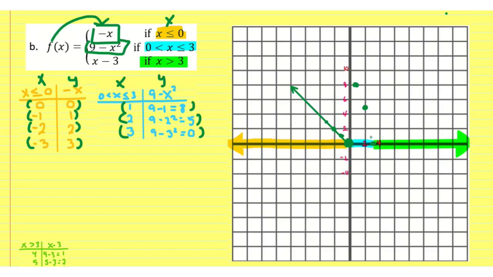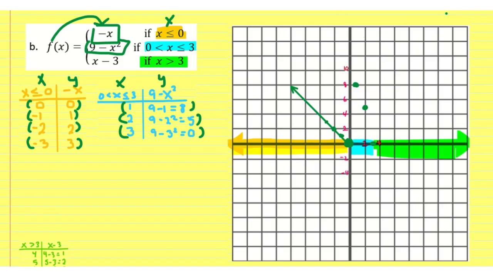Okay. And of course, if you noticed on my graph, I also kind of delineated all the intervals. This was the interval for less than 0, and this is the interval for between 0 and 3, and this is the interval that is greater than 3. So I kind of highlighted those so we could see where each of the parts of our piecewise function are going to live.